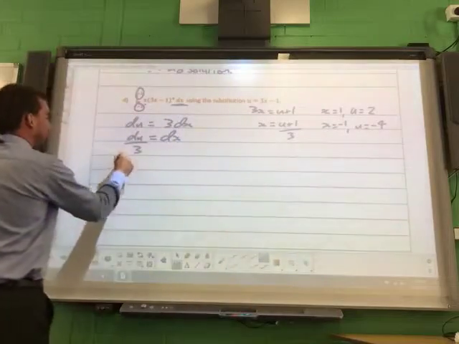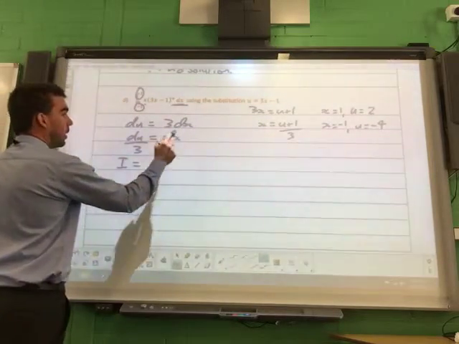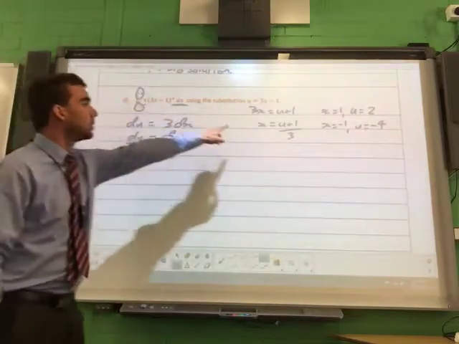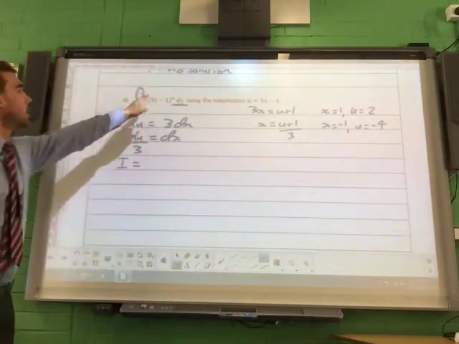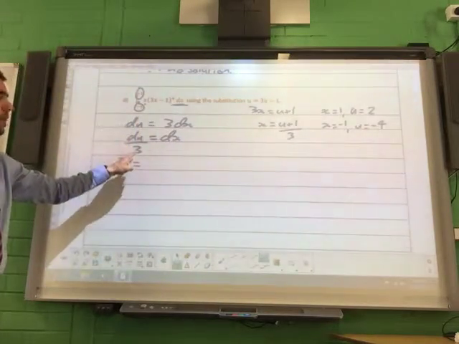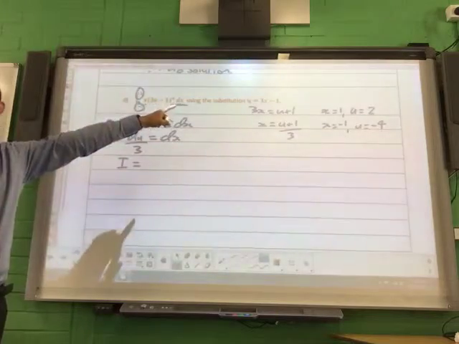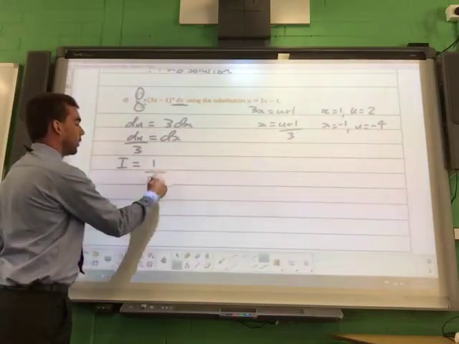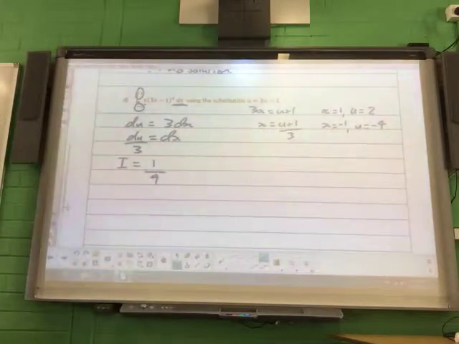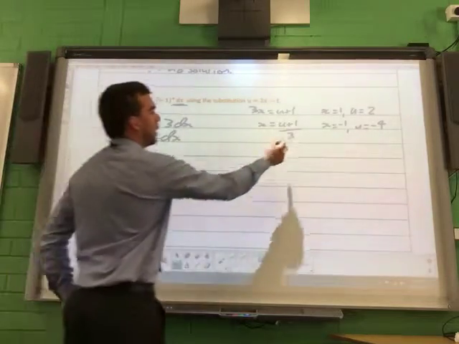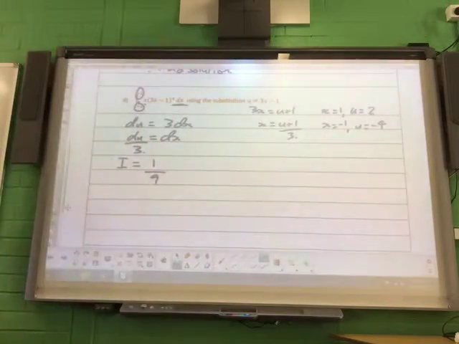So the integrand becomes, I've got x is u plus 1 all over 3, dx is du over 3, so I've got 3 times 3 on the denominator, so I'm going to move that right out the very front. I'm just moving the factors out the front.